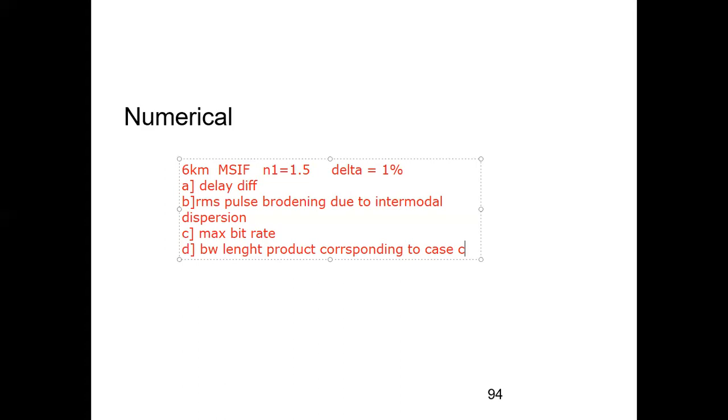And the fourth is the bandwidth length product corresponding to C. In the bandwidth length product there is nothing new: the length of the fiber is specified, and you calculate bandwidth from the bit rate, then just take the product of bandwidth and length. So you can start solving. I will take up the solution in the next class, but solve it so that you come to know where you have gone wrong. Please solve it.